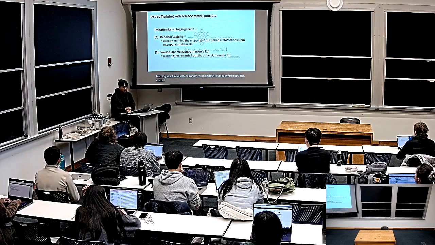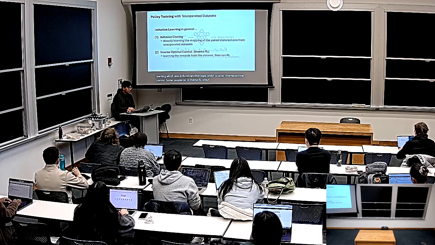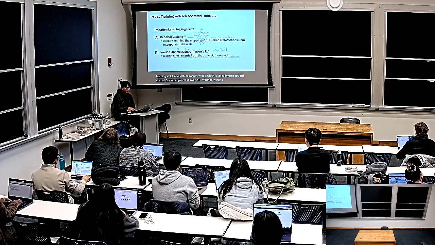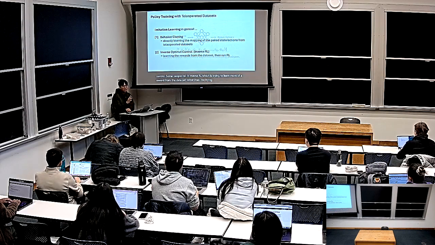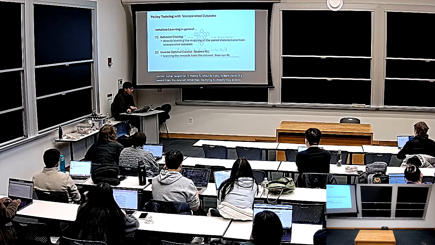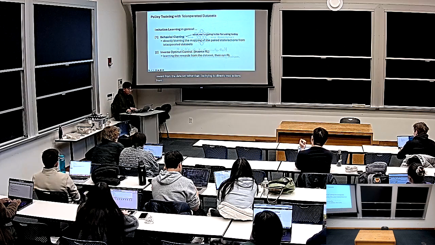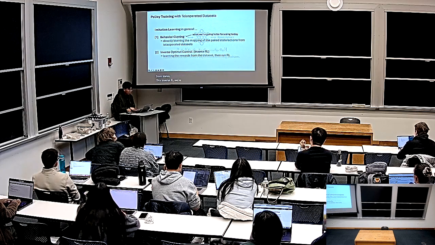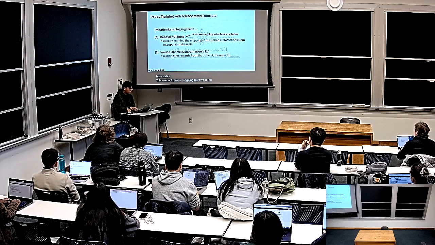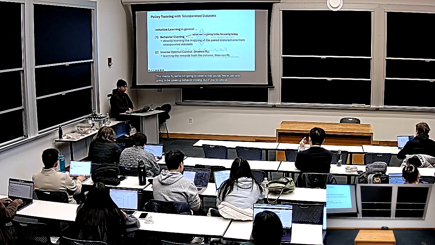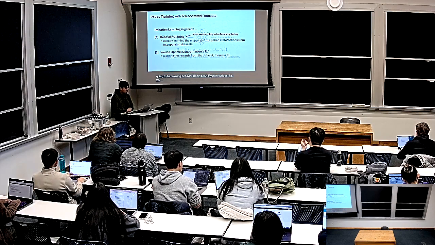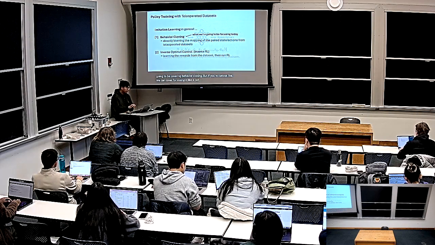Some people call it inverse RL, which is trying to learn a reward from the dataset rather than directly mapping actions from states. This inverse RL we're not going to cover in this course. We're only going to cover behavior cloning. But if you're curious, we can cover it very briefly in the last lecture if you want.